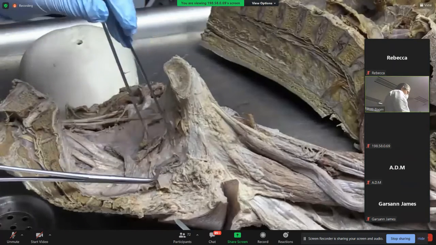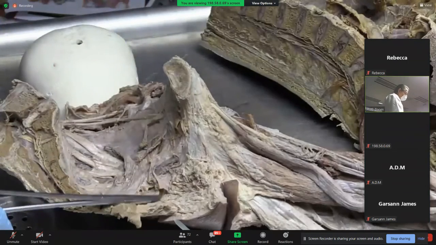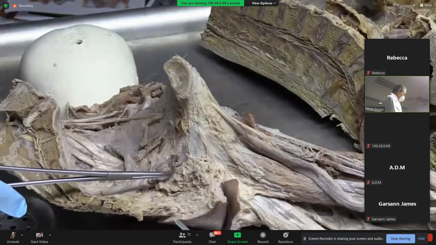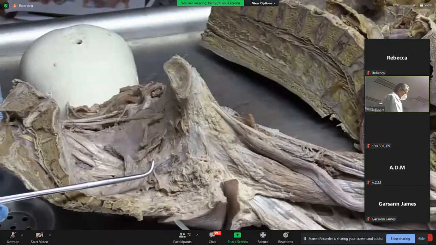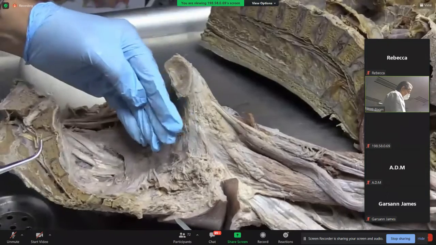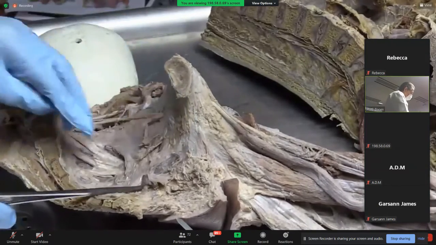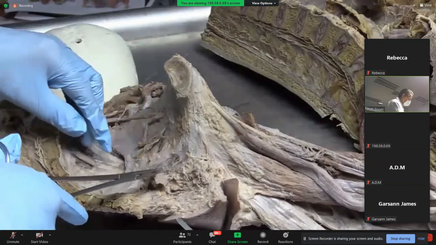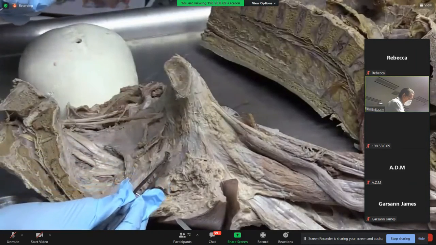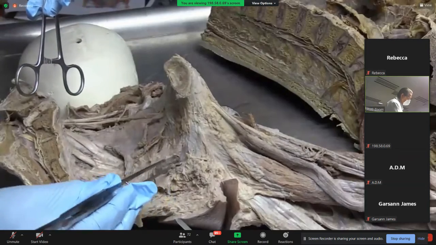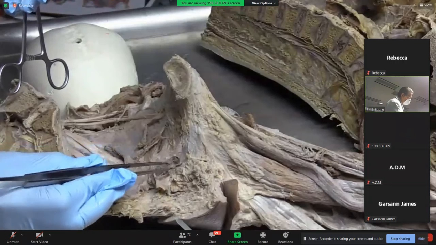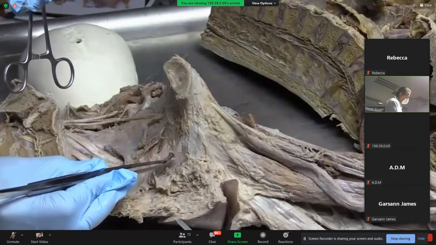This pudendal nerve is running now to go up to supply the urogenital triangle. While it's here in the pudendal canal, nobody's going to ask you to identify this, I'm just showing it to you. So these are the three things: internal pudendal artery, internal pudendal vein, and the pudendal nerve.